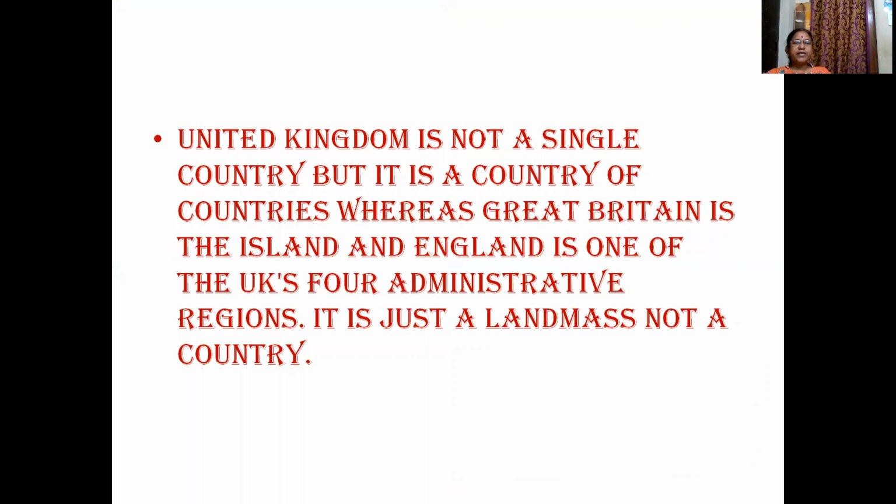The United Kingdom was not a single country, but a country of countries, whereas Great Britain is the island, and England is one of the UK's four administrative regions. It's just a landmass and not a country.